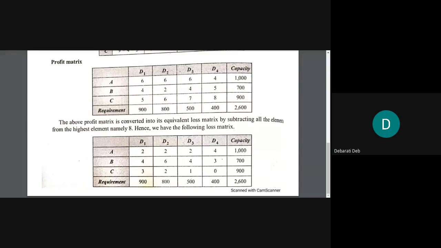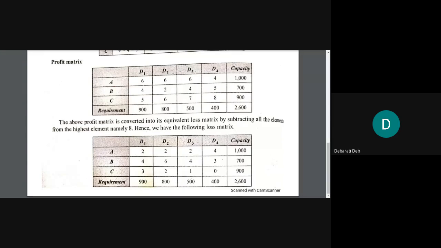It is in cell C, D4: row C and column D4. Can you see? That is the highest element. Thus, we will deduct all the numbers in the profit matrix from that highest element, 8, and then we can find the equivalent loss matrix.